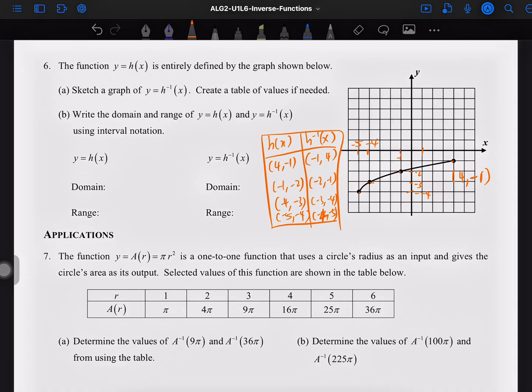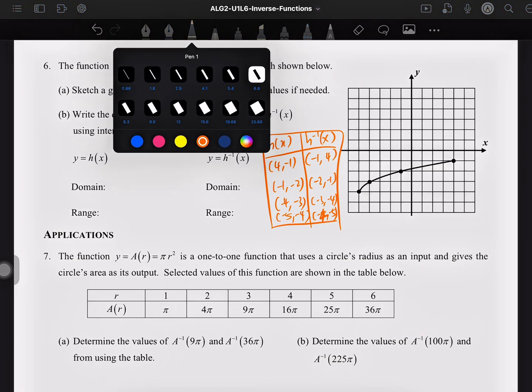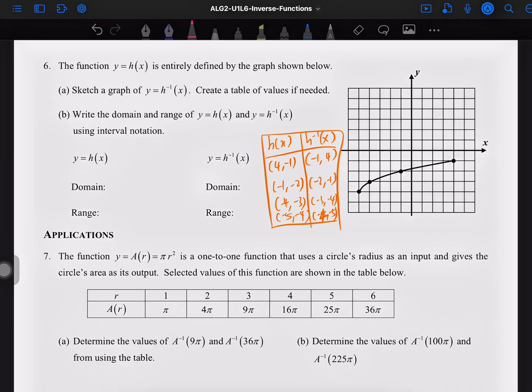Then you need to draw a graph. So look at this graph.